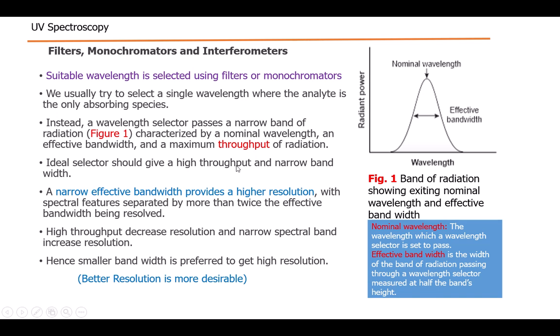But a higher throughput, which is the greater intensity given by the monochromator, will decrease the resolution, and high resolution is always required. So in order to get better resolution, we make the bandwidth lower, so that one monochromator is used which gives the narrow bandwidth.